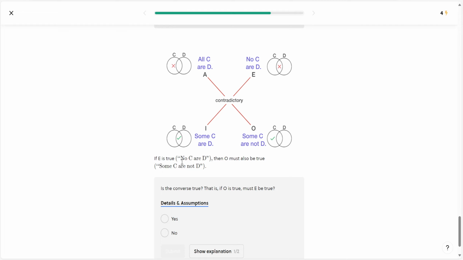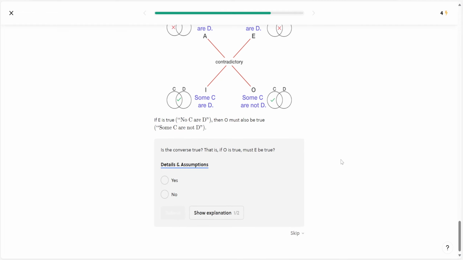If E is true, no CRD, then O must also be true. Some C are not D. Is the converse true? That is, if O is true, must E be true? Right, let me see if I can get my head around this.